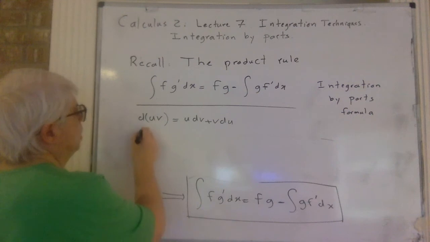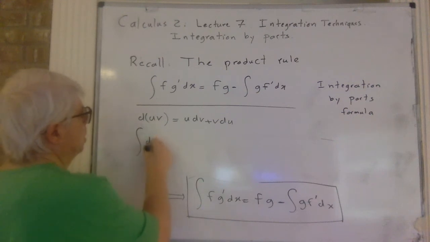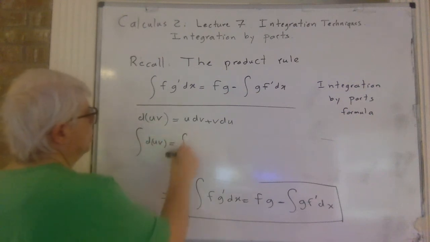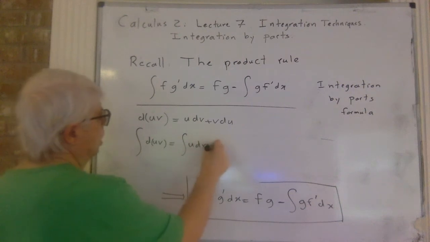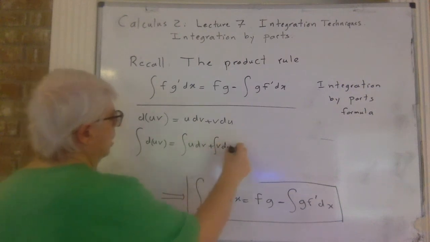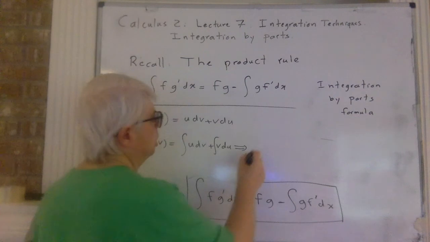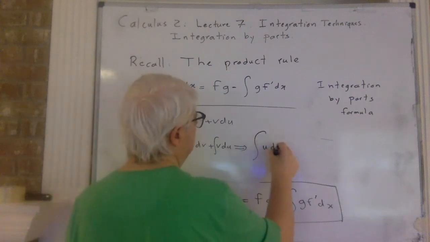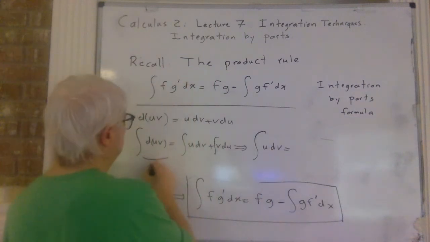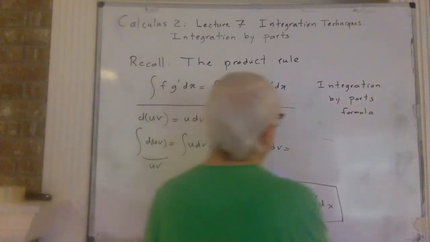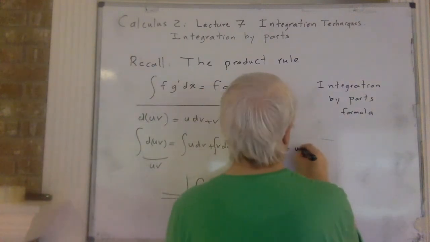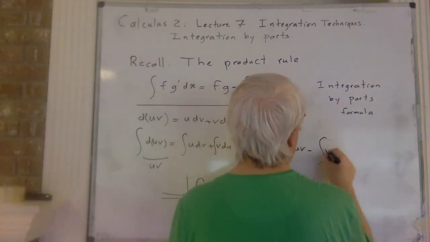So if I integrate this, it's like integrating the other side. And this gives me the integral of u dv, and this is simply uv, since d and integral cancel out. So I have uv minus the integral of v du.